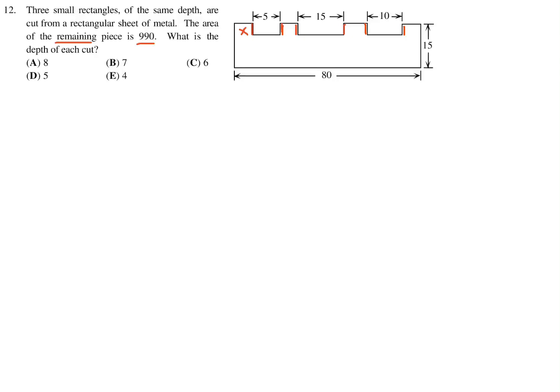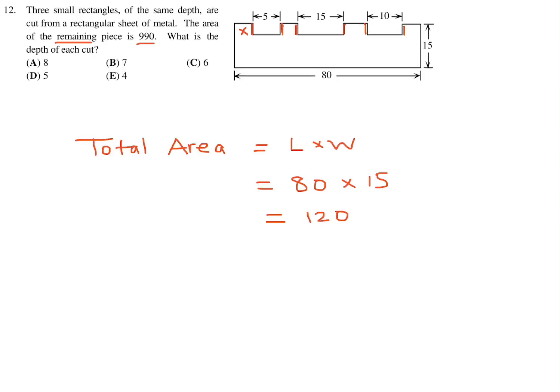Now, what is the total area of the shape before the cuts were made? Well, that's just length times width. And the length is 80, and the width is 15. Therefore, the total area is 1200. Now, they've cut out these rectangular shapes, so we have to figure out the area of those. The first one here, length times width, would be just 5x.